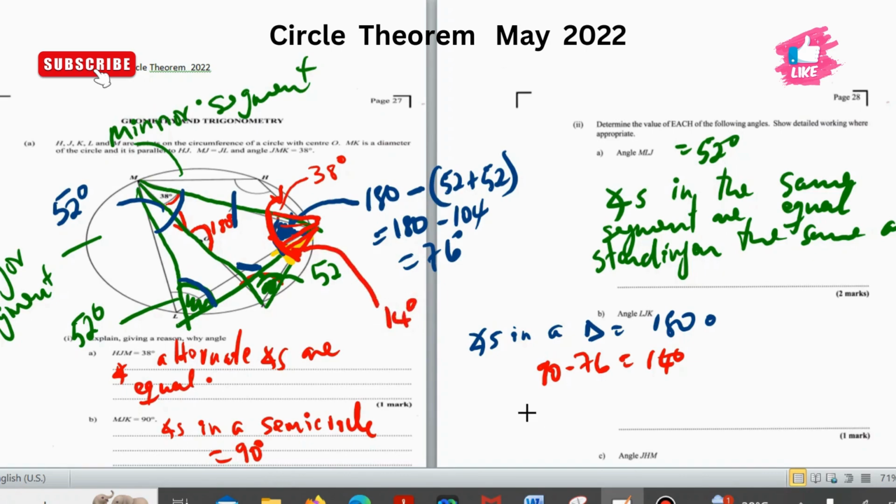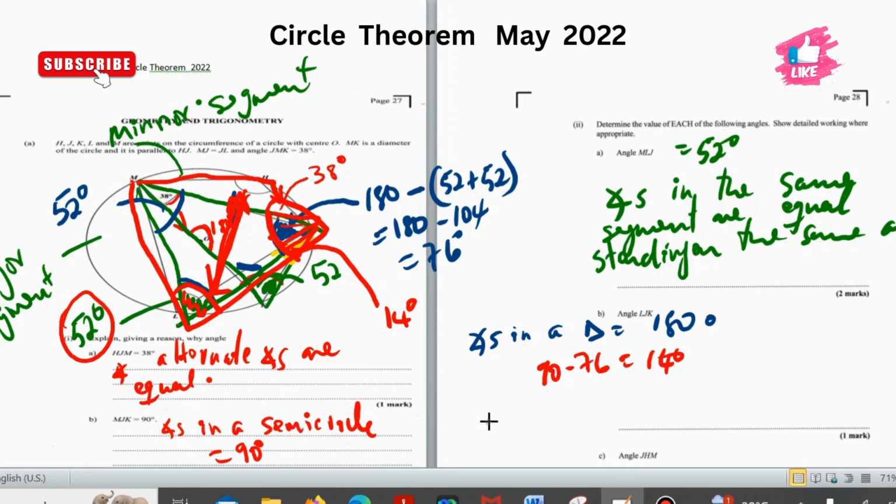And the last one is that we wanted to know this angle here. Again, if we notice, we have what is called a cyclic quadrilateral. And what do we know? We know that opposite angles in a cyclic quadrilateral are supplementary. And we already calculated that this angle here was equal to 52 degrees.